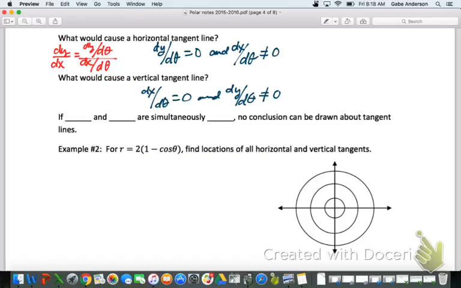Okay, so wouldn't it not really matter if dy d theta equals 0 if dx d theta still equals 0? It kind of does actually. And the reasoning would be this: you'd have a contradiction, right? So if dy d theta is 0, that would seem to clearly indicate a horizontal tangent line, right? dx d theta being 0 would indicate a vertical tangent line.